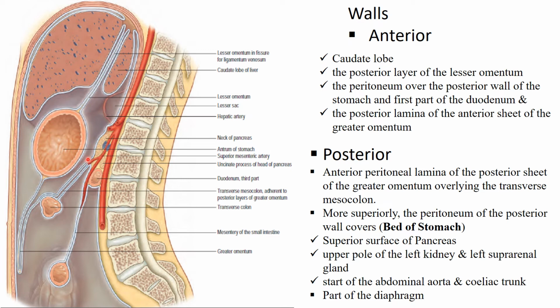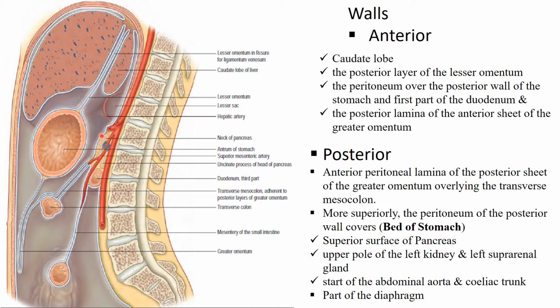peritoneal covering, which covers the superior surface of the pancreas, in the lower portion a part of the head, then mostly the neck and the body. So it covers this portion.